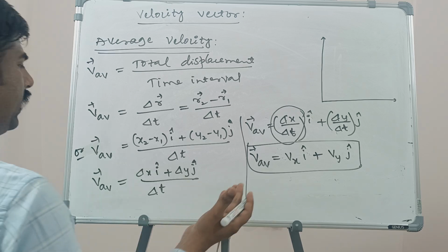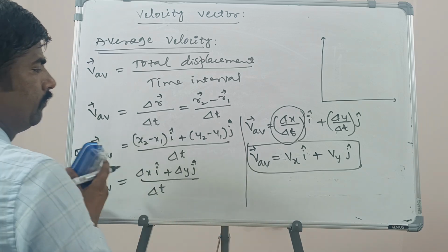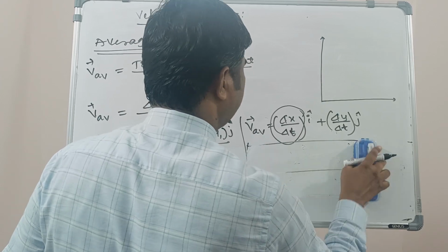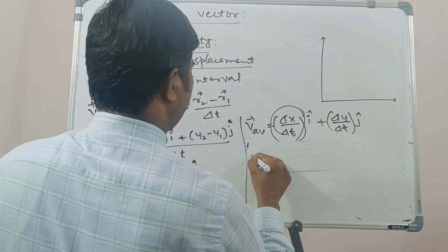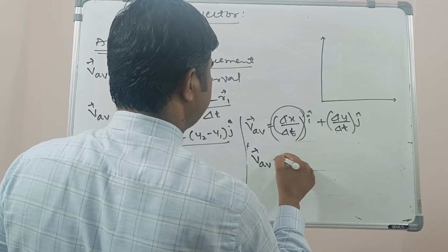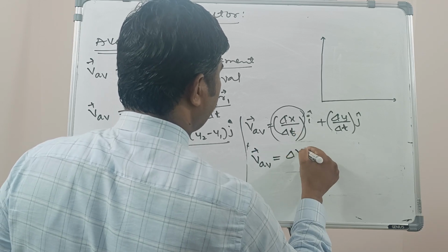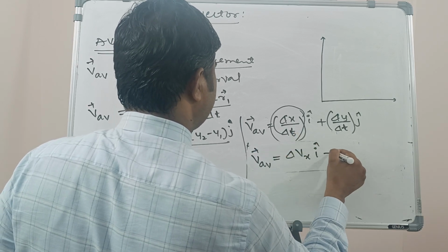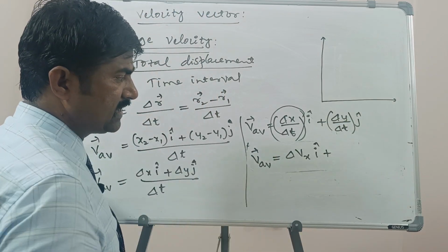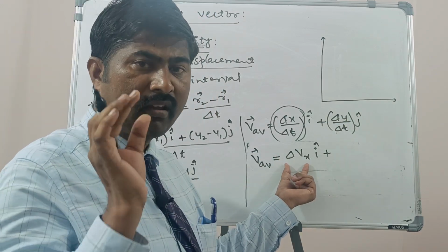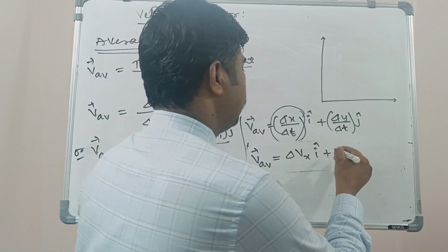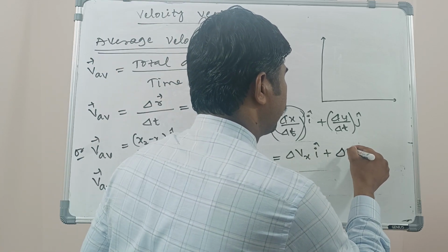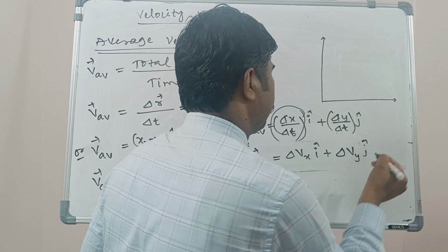Or else you can write it in terms of delta Vx and delta Vy. V average is equal to delta Vx i cap plus delta Vy j cap, because delta indicates change in the velocity of the body along the x-axis and y-axis.